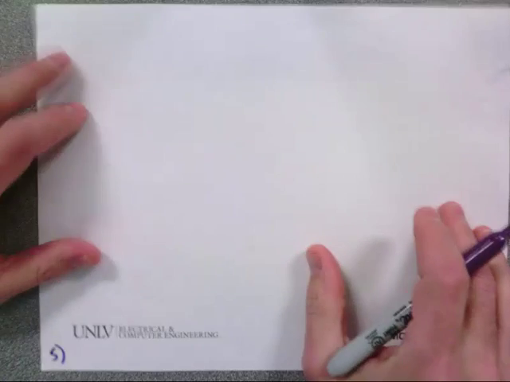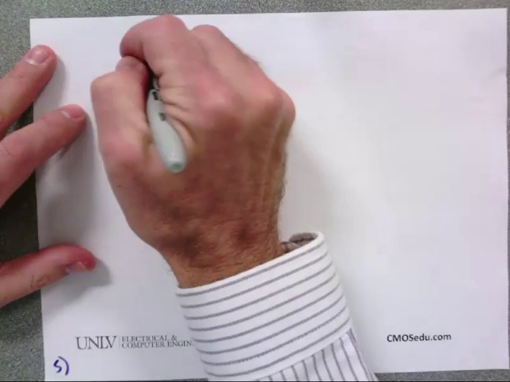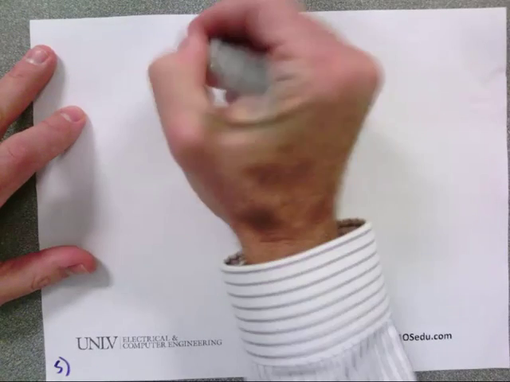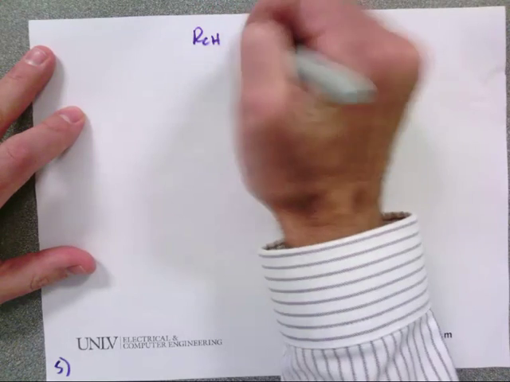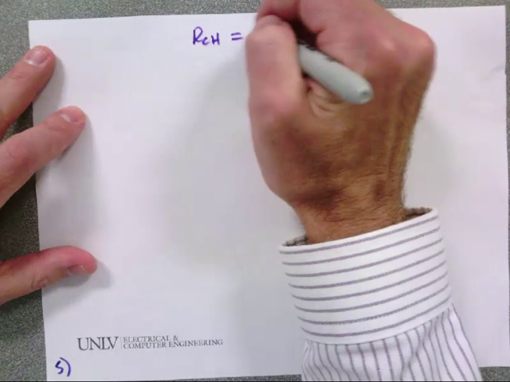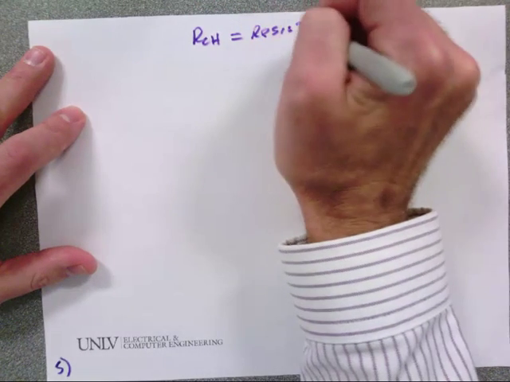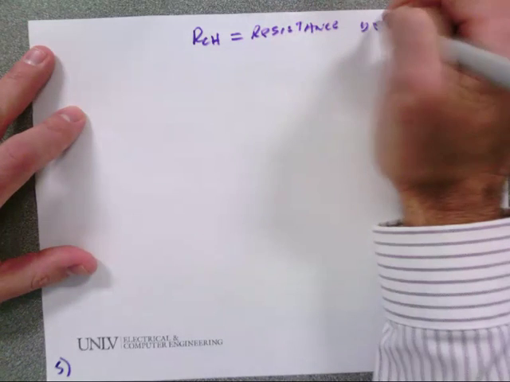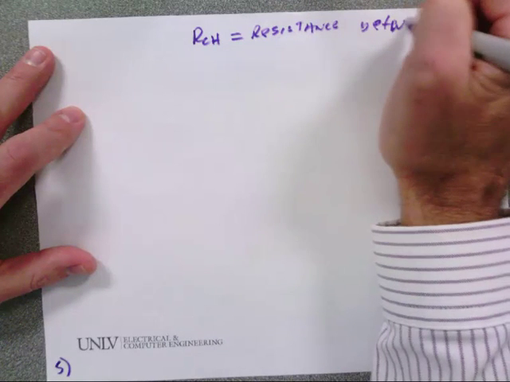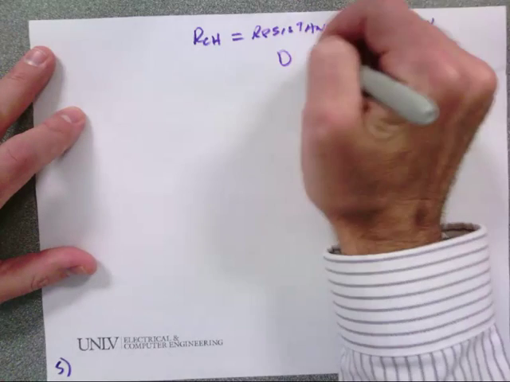Okay, so let's do this. I'm going to pause from that example and we're going to calculate the small signal resistance of the MOSFET operating in Triode. The way I'm going to do this, just in generic terms, this is the resistance between drain and source.